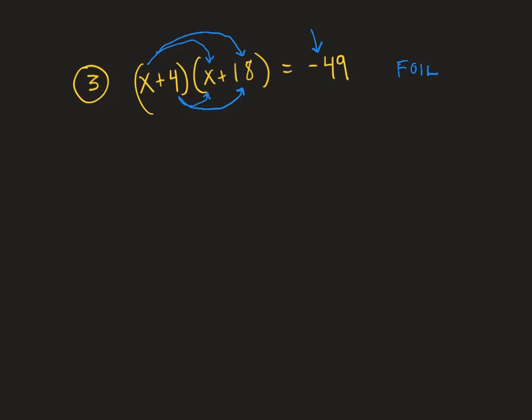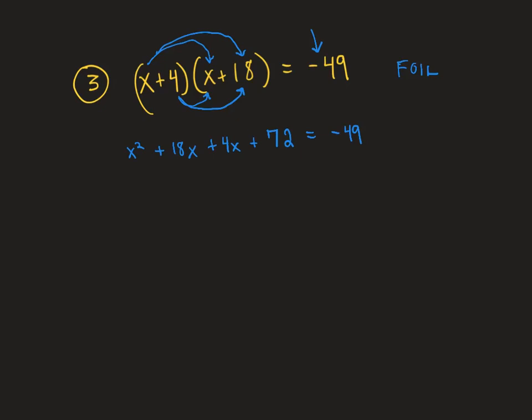So that negative 49 that's on the right, we're ultimately going to move that back over to the left. So going to start off with that multiplication, x times x, x times 18. On the inside, 4 times x, and then 4 times 18 equals negative 49.